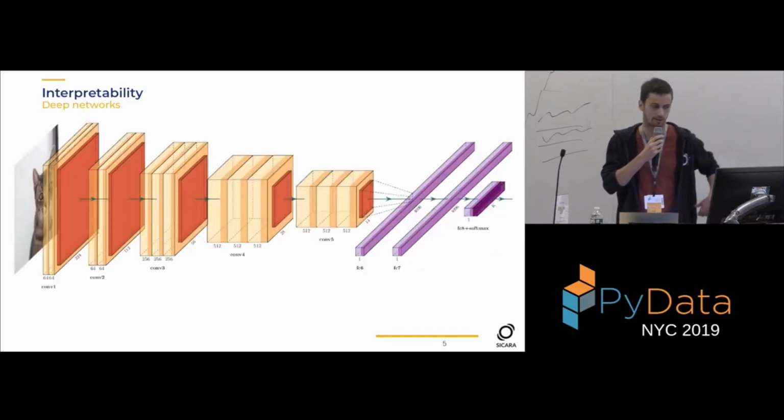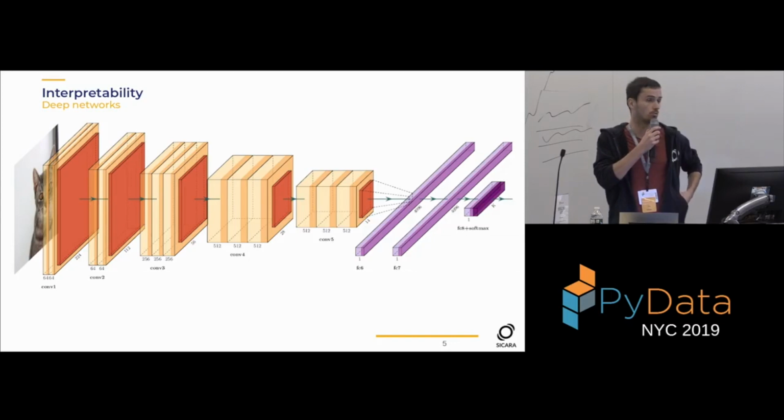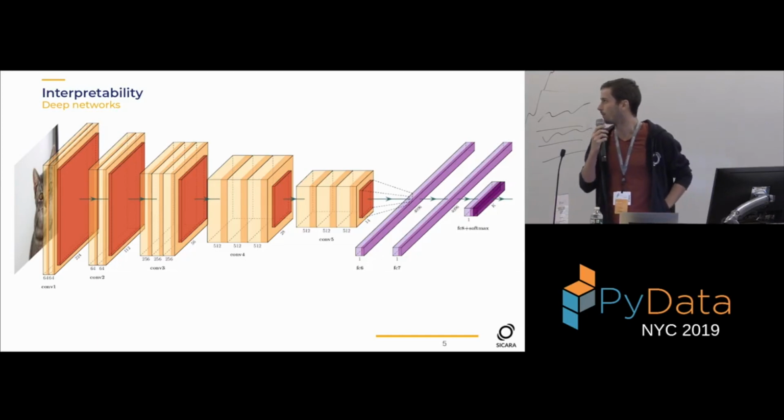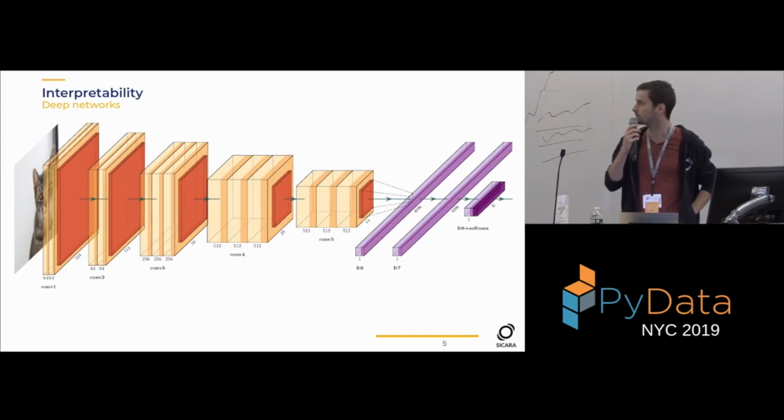But the problem is that when it comes to larger networks with millions of parameters, how do you do that? You have multiple convolutional filters which apply to the whole image. How can you know which activations are the most important for your output decision?